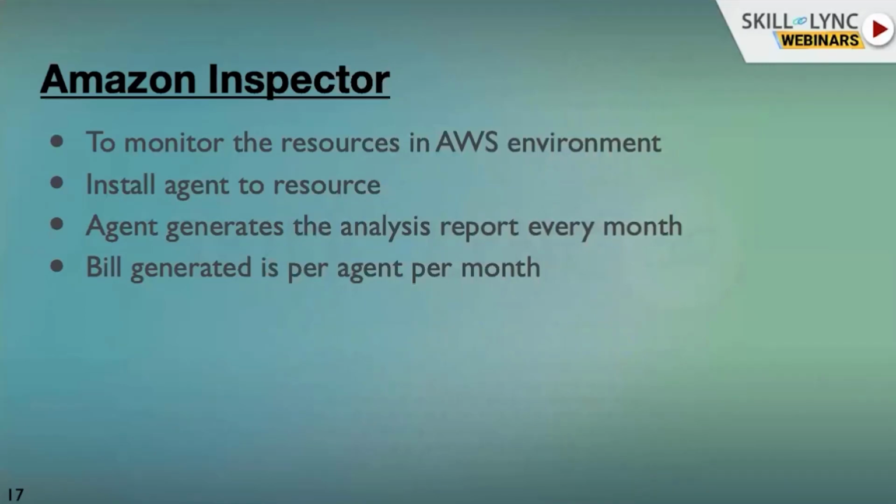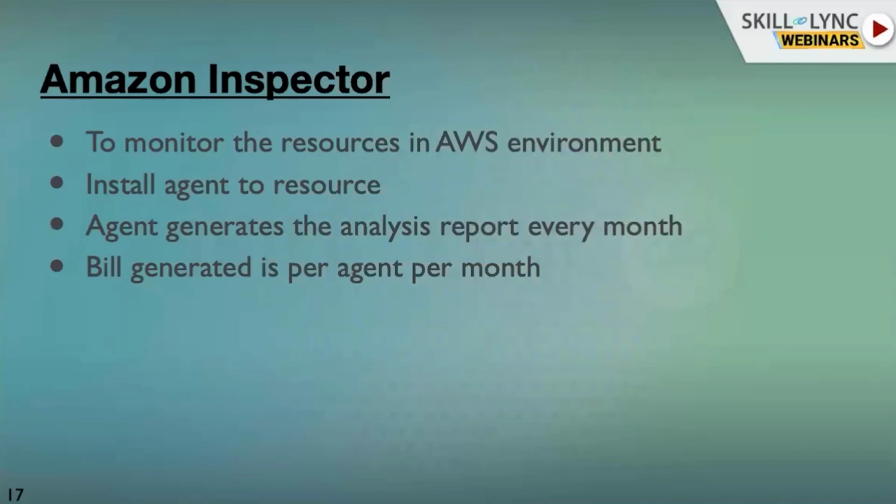If we have these three products, we can install the Amazon Inspector client agent in all the resources or the main systems under our control. Say we install this Amazon Inspector agent in our web server, which is a Linux machine.